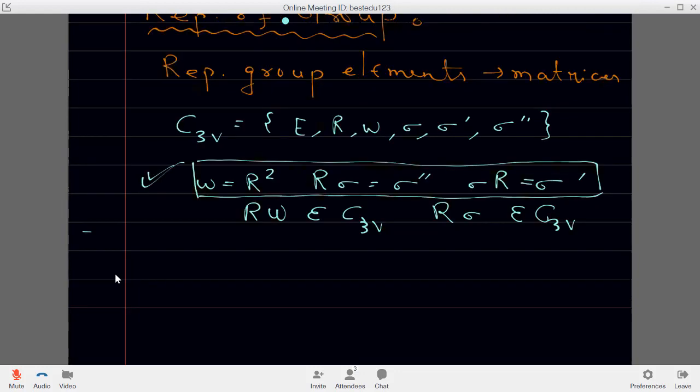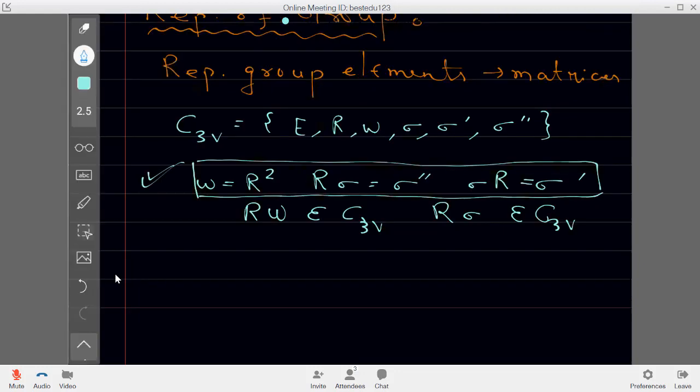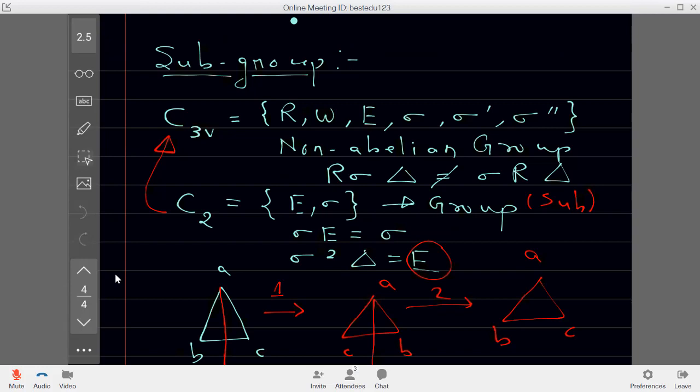So we have a matrix representation. This is part of a representation. There can be many other representations, but here we are doing a matrix representation.